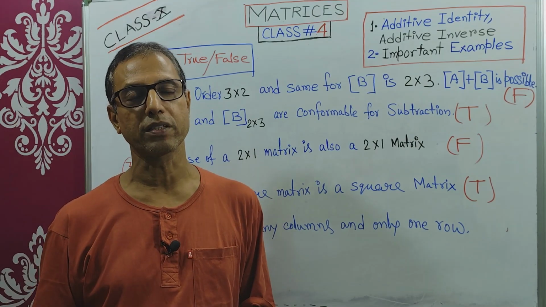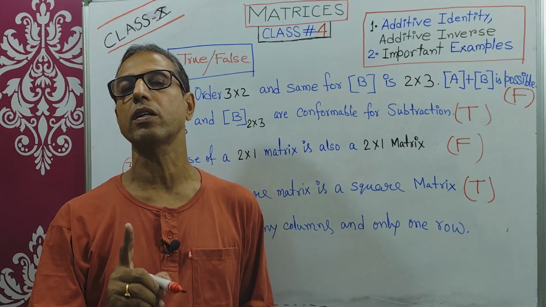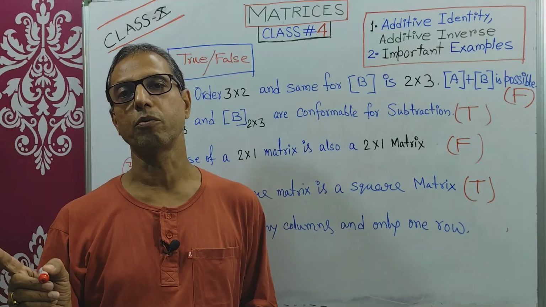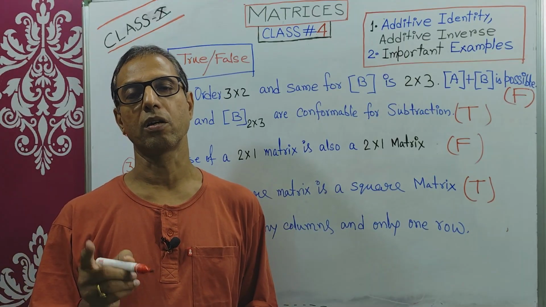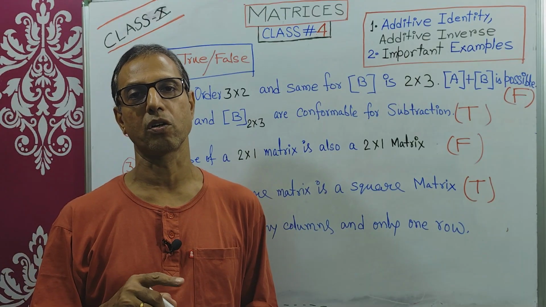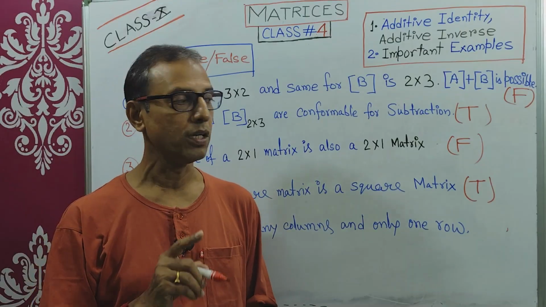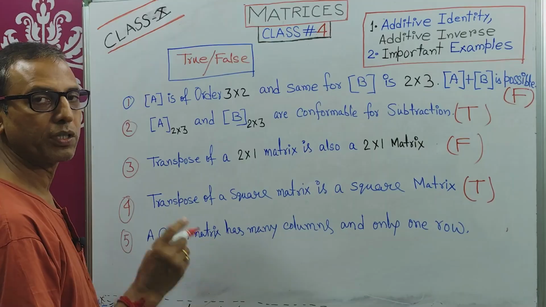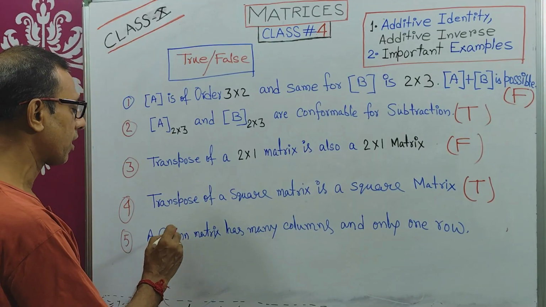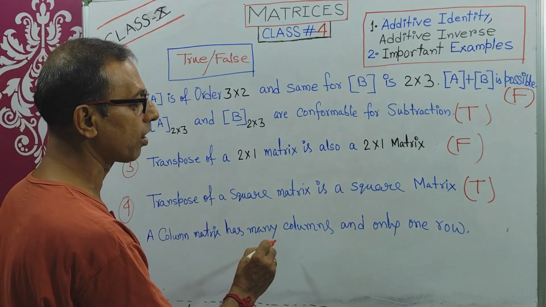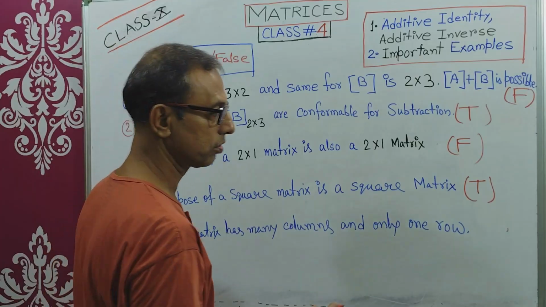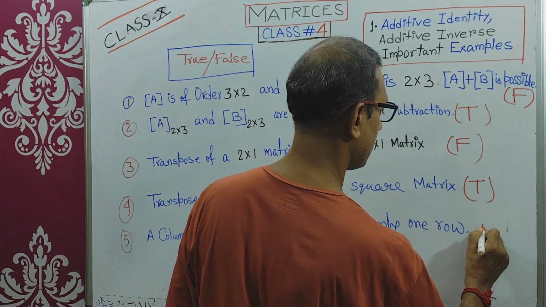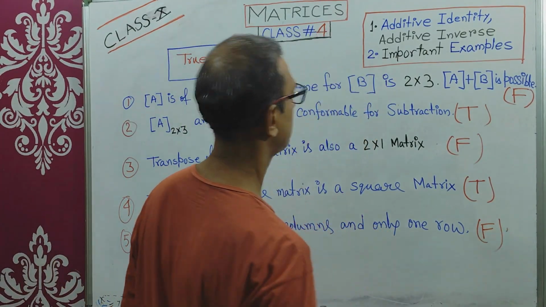And for a column matrix, the matrix has just one column, it doesn't matter how many rows there are. It could be 1 column, 2 rows, 1 column, 3 rows, 1 column, n rows, but the column is 1. So saying a column matrix has many columns and only one row is absolutely a wrong statement. A column matrix has only one column but many rows. So it is a false statement.